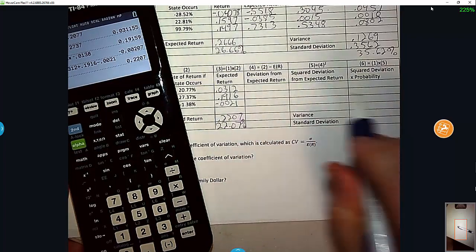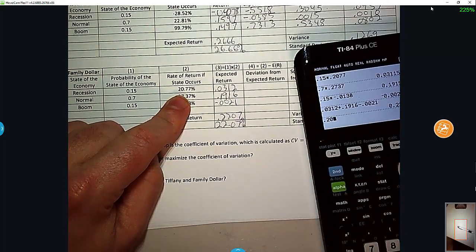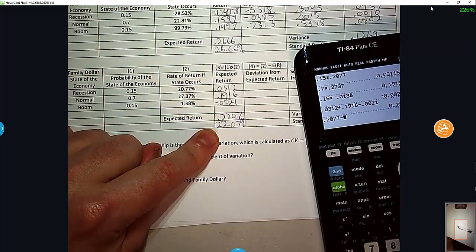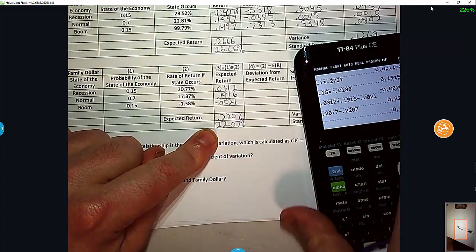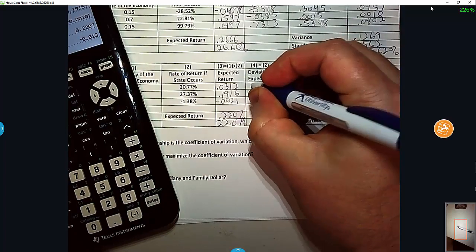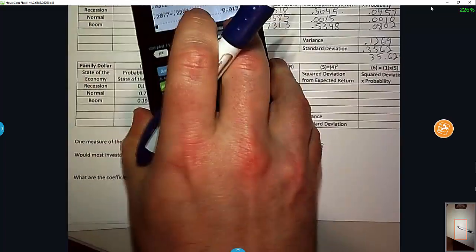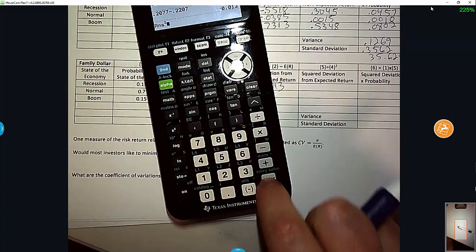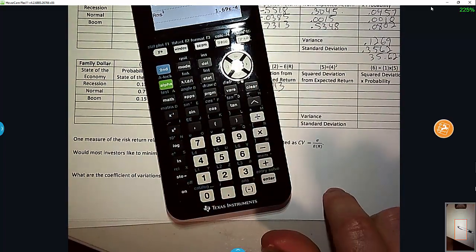So now I'm just going to go through and complete these. The deviation from the expected return is 0.2077 minus 0.2207, or negative 0.013, or negative 1.3%. I'm going to square that deviation to get a really small number.